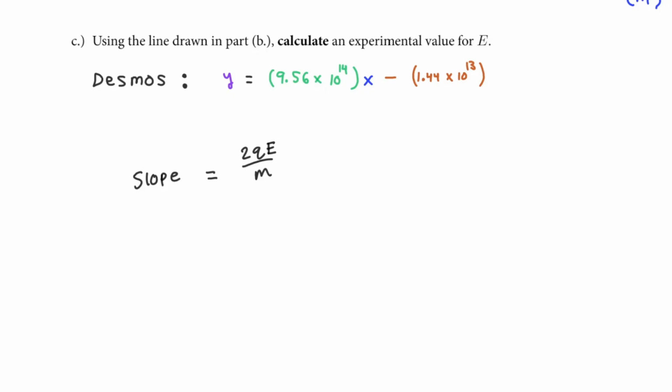So multiply by m over q. So we'd get m over q times slope would equal E, because I got to send the m and the q to the other side. So this means E is going to be 1/2 times m over q, which was given in the problem, times the slope.